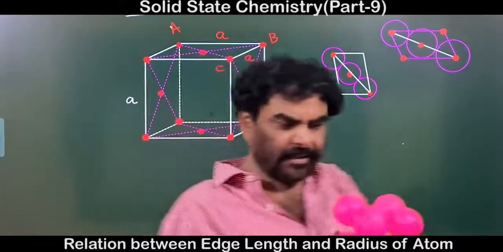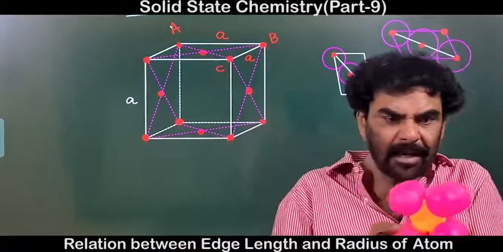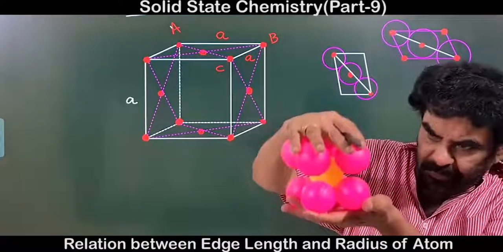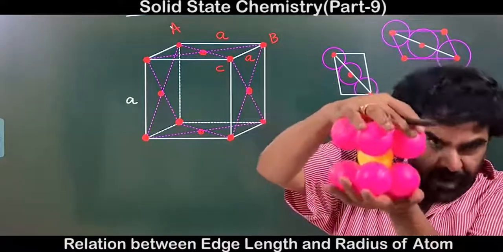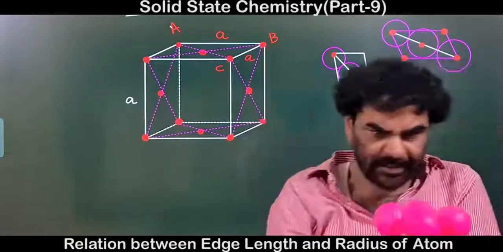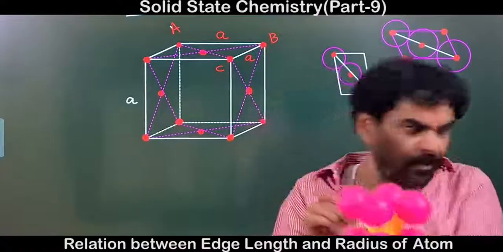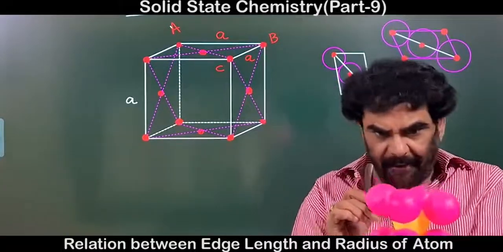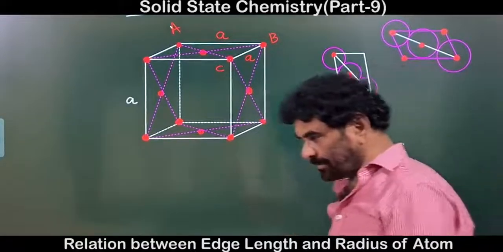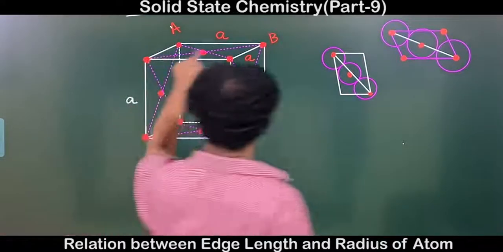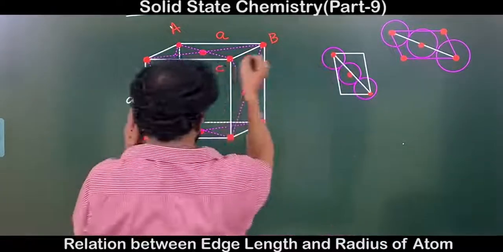See, these are separated. 4 corner atoms at the top, 4 at the bottom. This is the cubic system. At the center of the face, there is another lattice point. I do not have a model for the face center, sir. So these 5 are touching each other.